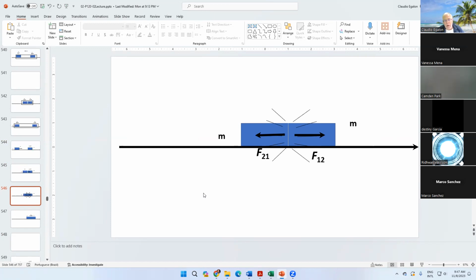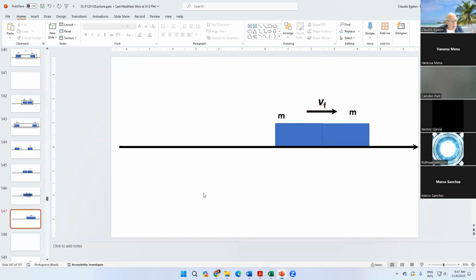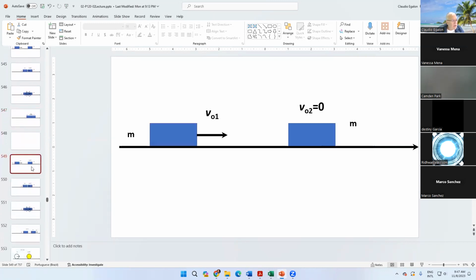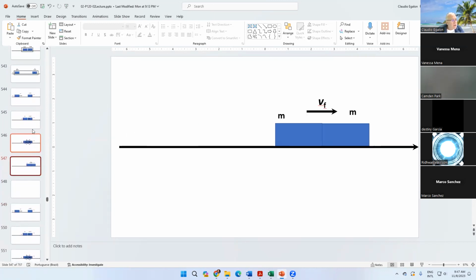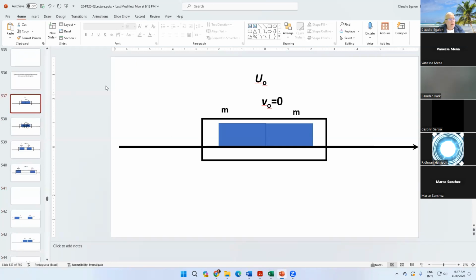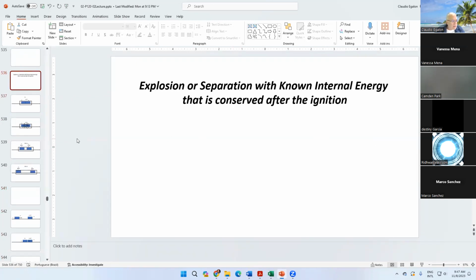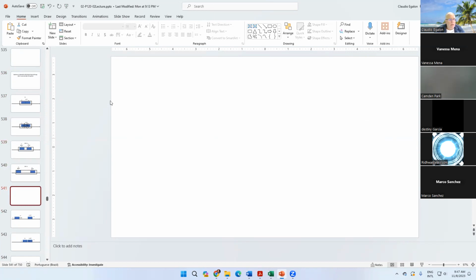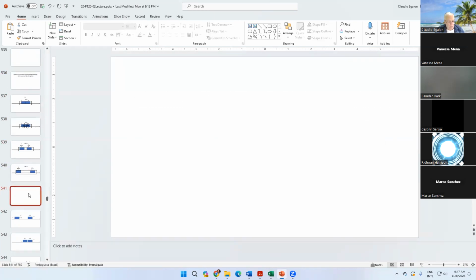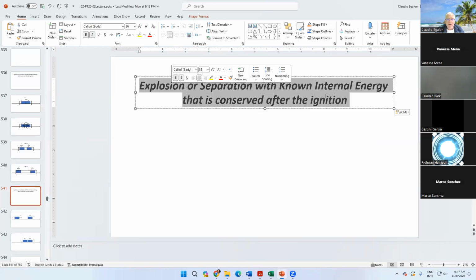Object number 2 applies a force to object number 1 according to Newton's third law of motion. Here is going to be a totally elastic collision.